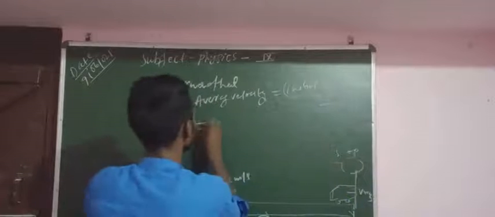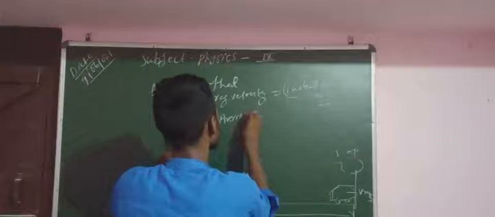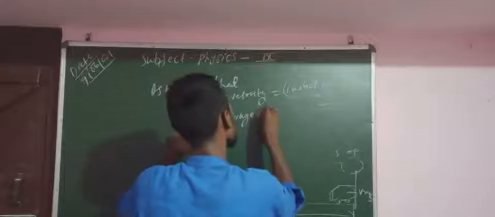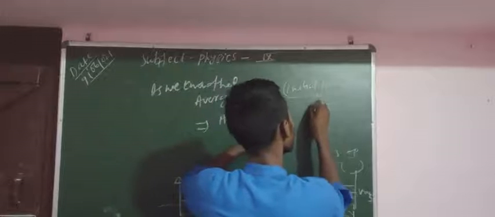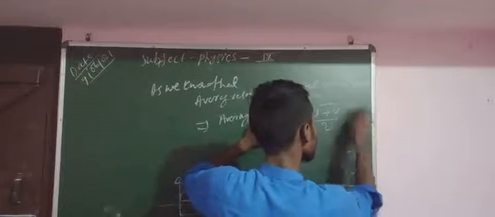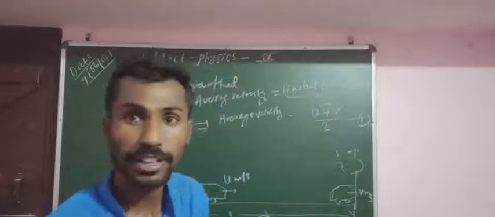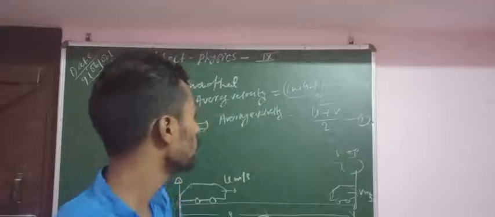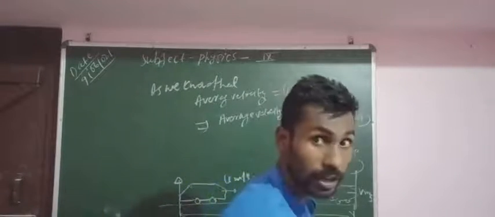That means the average velocity will be equal to initial velocity u plus final velocity v by 2.